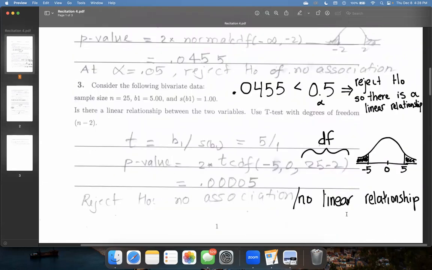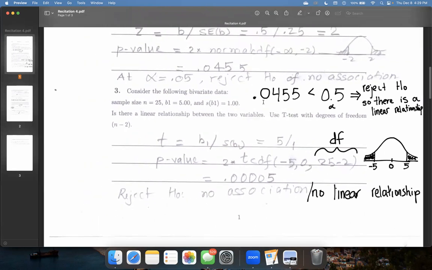Yes, there is a linear relationship because our H naught is that there's not a linear relationship. So if we reject that, then yes, there is a linear relationship between the two variables. Okay.